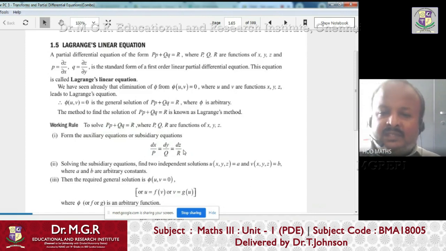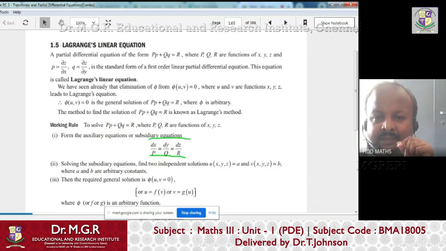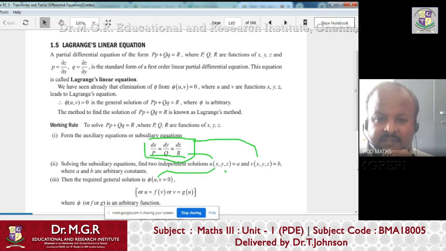But how does this come, sir? Don't worry, because there is a derivation. If you solve this auxiliary equation, also called simultaneous differential equations, whatever solution you get in the form of u and v, you put like this, phi of u comma v, because phi of u comma v is your assumed solution.